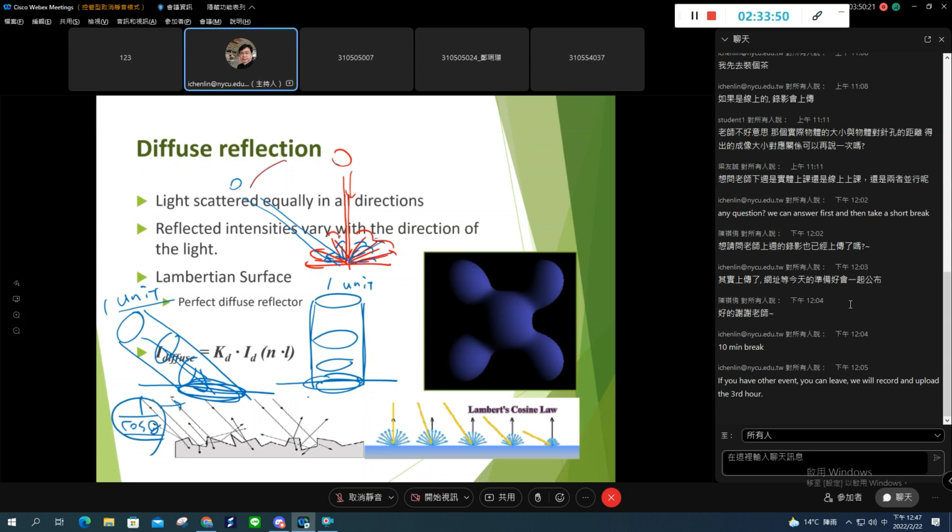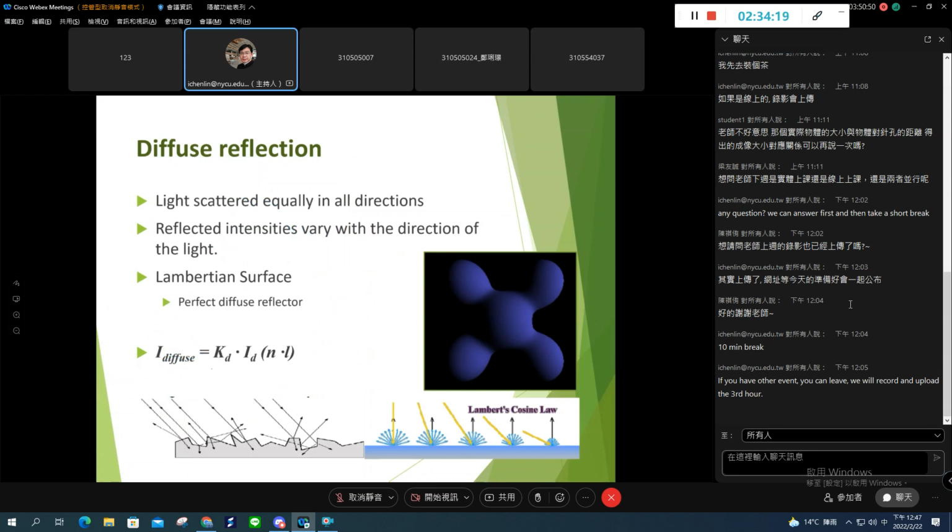But when you tilt your light and gradually move the light down, you will see that the reflected light will become relatively weak, or you can say the intensity will become lower or reduced. Yeah. So there is an important formulation here.